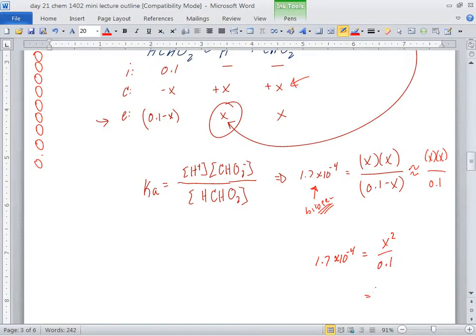Now how would you solve for your x here? Multiply by 0.1, then take the square root. Do all that in one step. Don't be writing anything down.